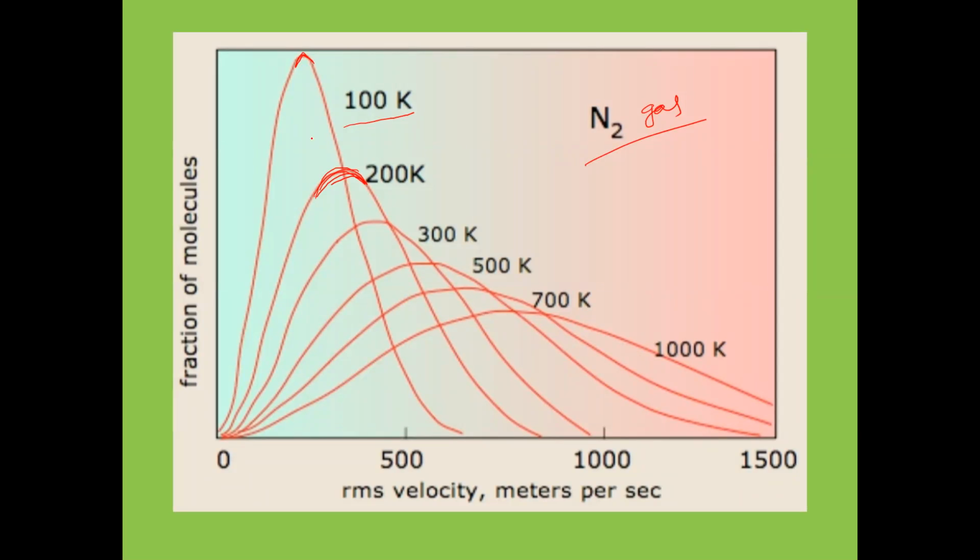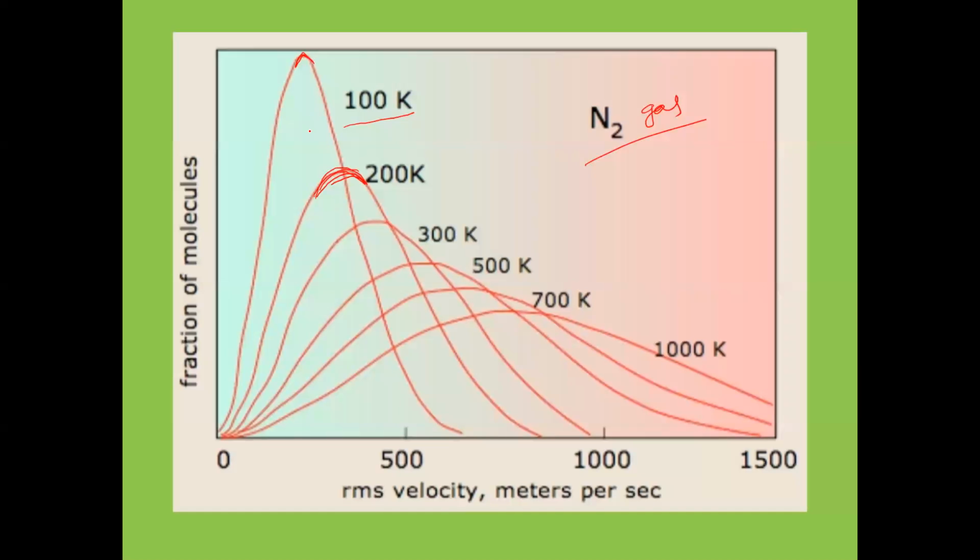We can also say that the total area under the curve of 100 Kelvin and the total area under the curve of 200 Kelvin will be the same, remember. The total area under each curve represents the total number of gas molecules.